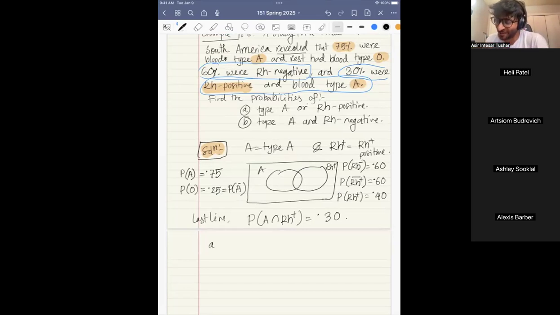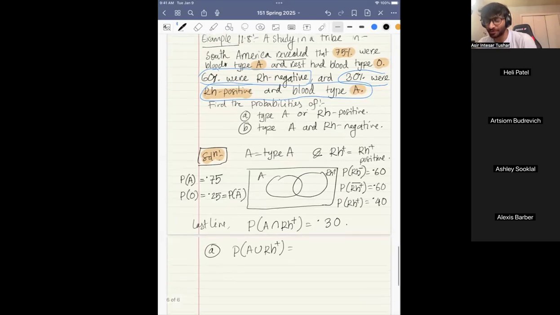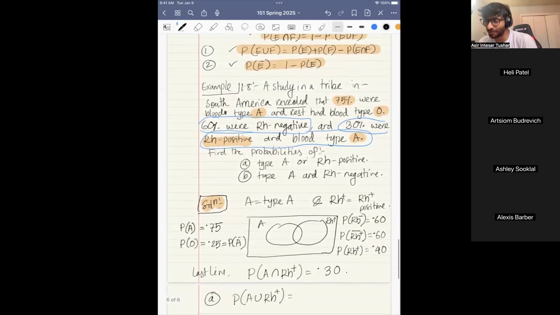Now the first one, I'm gonna take just one more minute, then I'm done. The first one says find type A or Rh positive. I'm saying A or Rh positive because or means union. This should be from this formula over here: probability of A plus probability of Rh positive, minus probability of A intersection Rh positive.